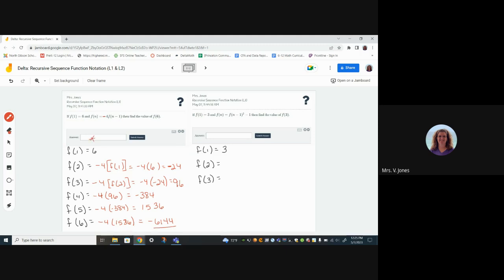All right, another example from the next Delta quiz. So f of 1 is 3, so I wrote that down. And here's the formula, so to find the rest of them, okay? So if we want to find f sub 2, where you see an n, we're going to plug a 2 in.